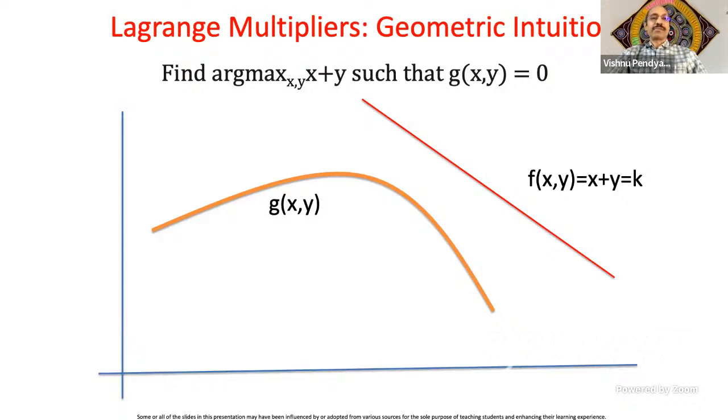Suppose we want to maximize a function f(x), where f(x) is x plus y equal to k, subject to a constraint, a convex constraint hopefully, because we want to deal with only convex shapes in machine learning. A convex shape, say g of x comma y.